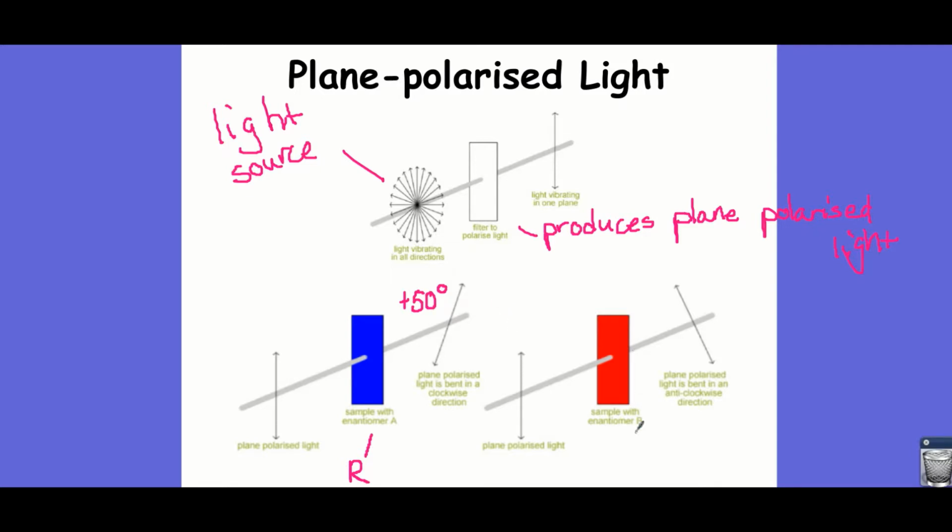Okay. The opposite enantiomer, the S enantiomer, will have the opposite effect. So rather than rotating that plain polarised light plus 50, it will rotate it in the opposite direction by 50 degrees. So they're said to be optically active.